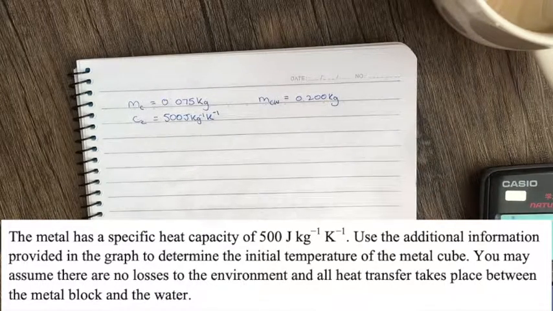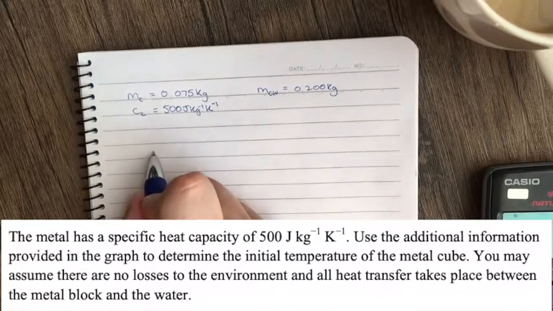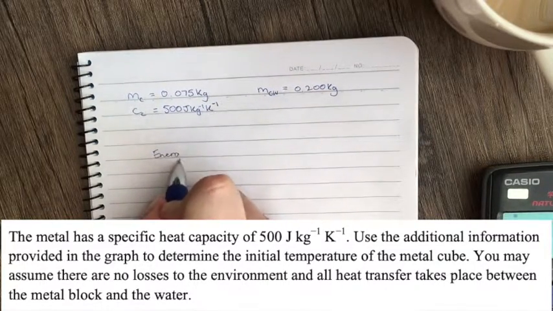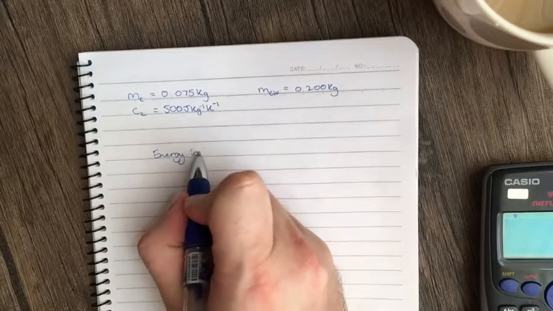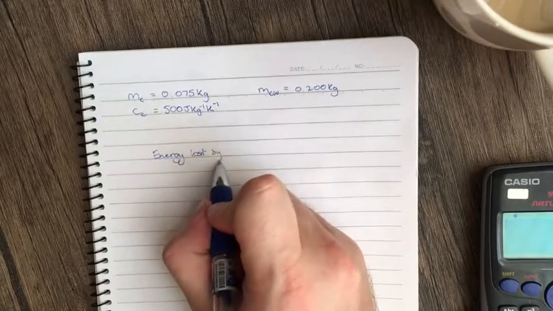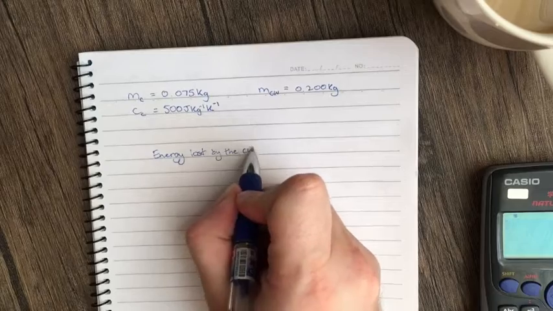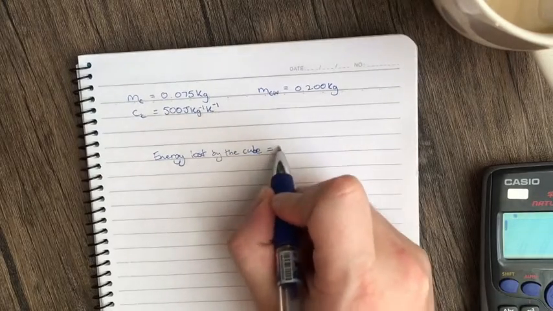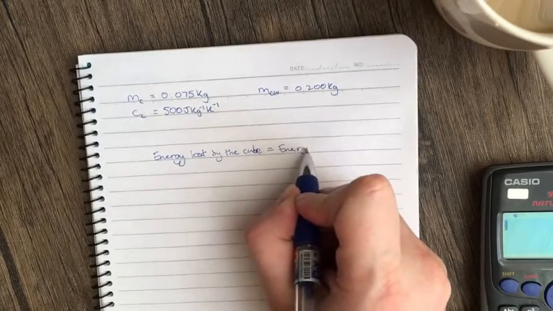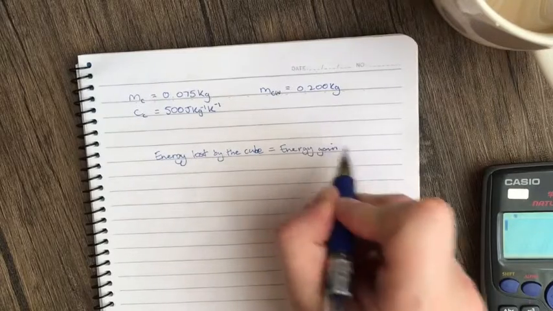Use the additional information provided in the graph to determine the initial temperature of the metal cube. You may assume there are no losses to the environment and all heat transfer takes place between the metal block and the water. What we know is that energy transferred, energy lost by the cube, is equal to energy gained by the water.